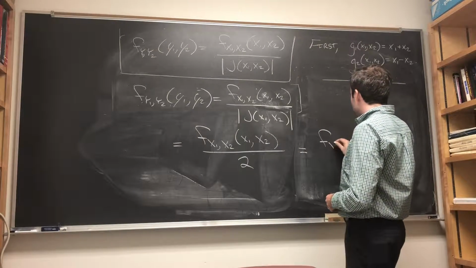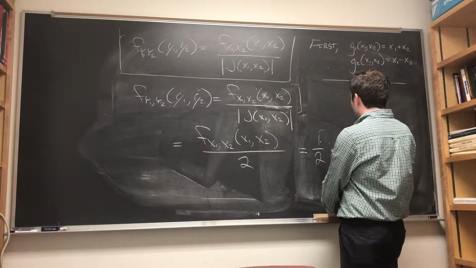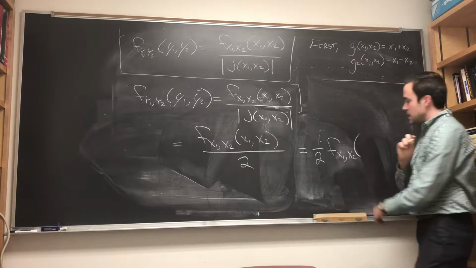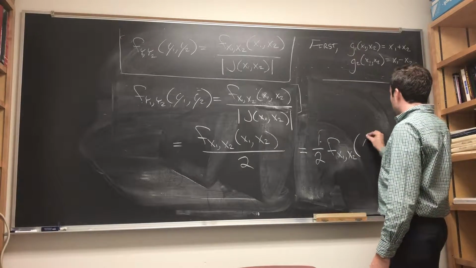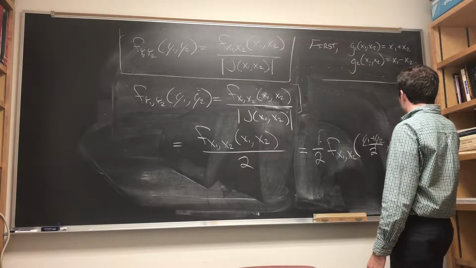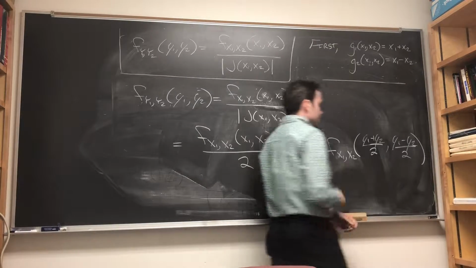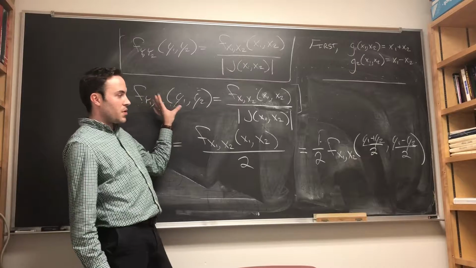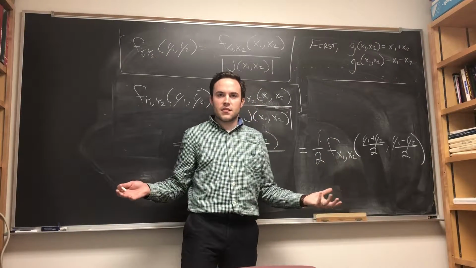So let me just rewrite this as 1/2 times the original PDF of x1 and x2, and here we're going to have y1 plus y2 over 2, y1 minus y2 over 2. Right, and now the left-hand side depends on y1 and y2, the right-hand side depends only on y1 and y2, and everything is consistent.